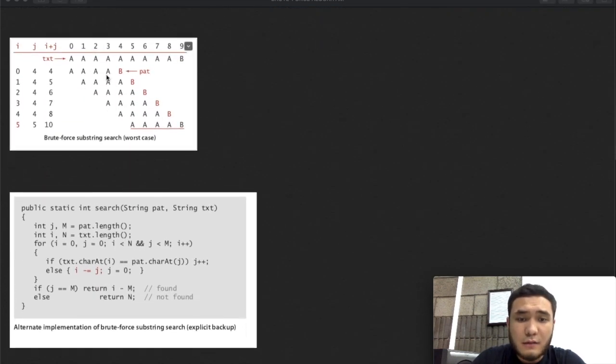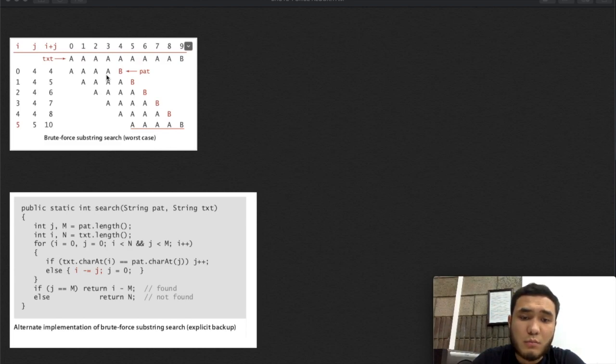The alternative implementation at the bottom of this page is instructive. As before, the program keeps one pointer i into the text and another pointer j into the pattern. As long as they point to matching characters, both pointers are incremented.